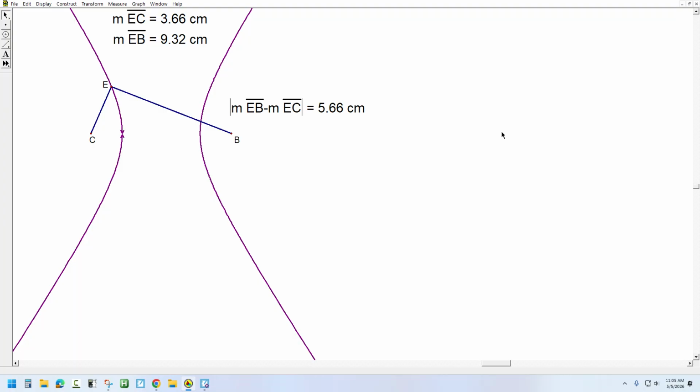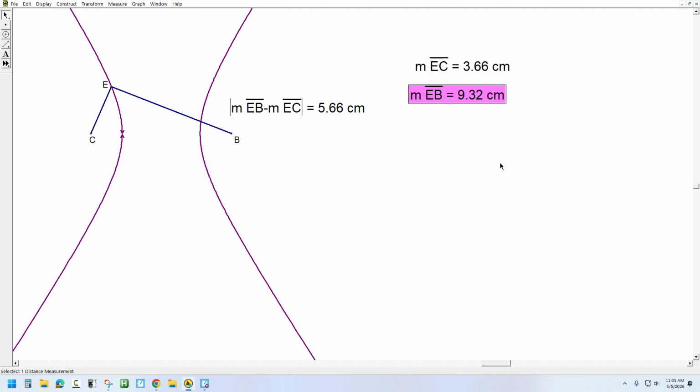They're not really called pieces. They have names, which we'll say in a minute. But what I want to look at here is line segment EC and line segment EB. It's the same two line segments we looked at with an ellipse. We're going to measure the distance from a point, which we're going to call E, to those two special points C and B, which are not going to move.